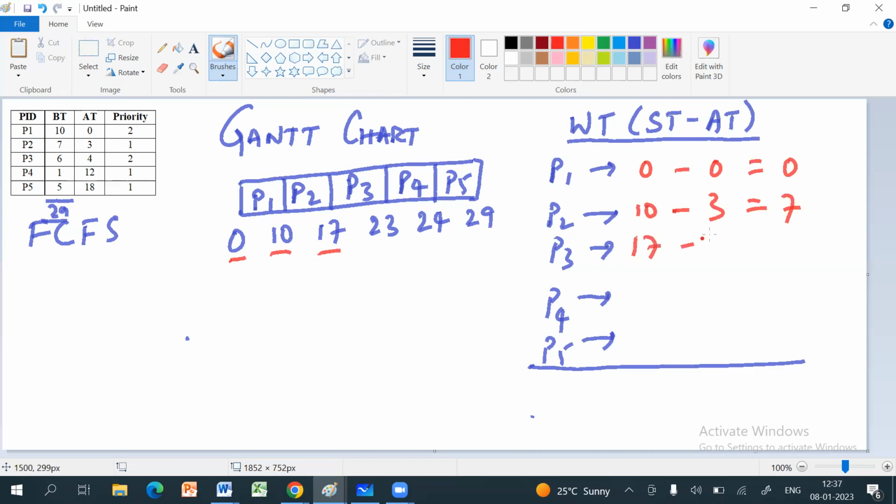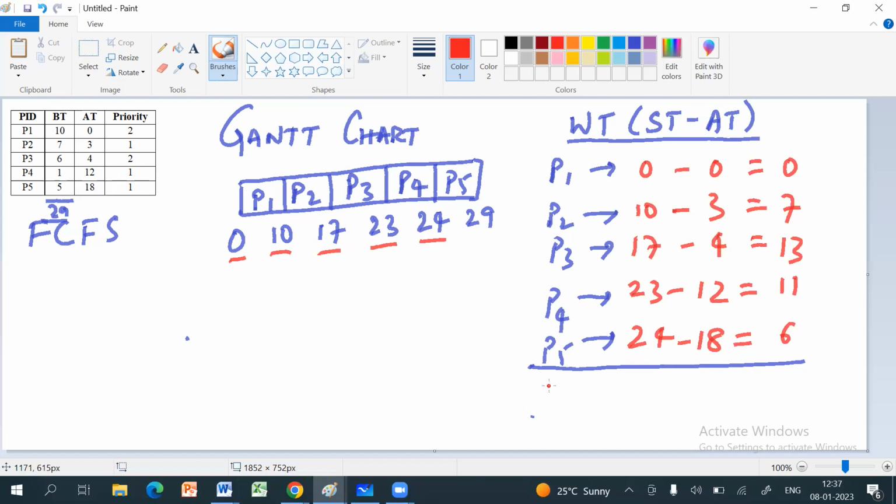So 17 minus the corresponding arrival time, 4, is 13. Followed by P4, started at 23. 23 minus the arrival time 12, equal to 11. Followed by P5, started at 24, minus the arrival time 18, which is equal to 6.